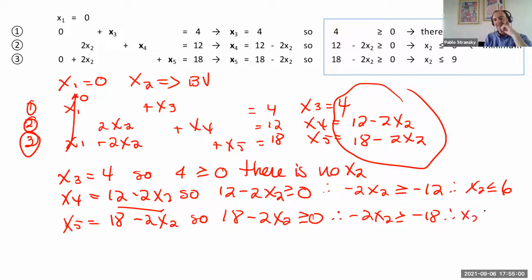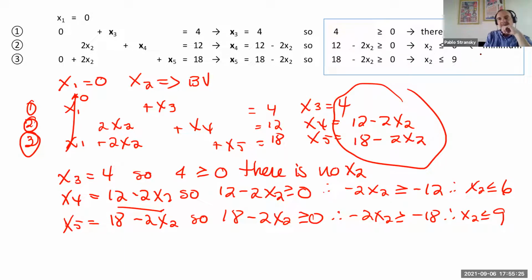So for x2, we change the sign because this negative passes dividing. So we have minus 18 divided by minus 2. And minus gives us plus, and 18 divided by 2 gives us 9. And that's exactly what I got here: x2 less or equal to 6 and x2 less or equal to 9.